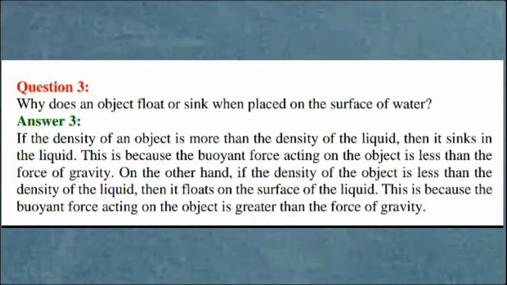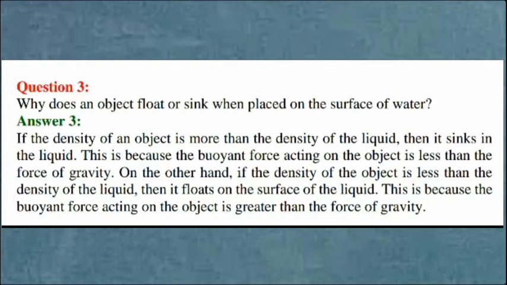Our first question related to Archimedes Principle: why does an object float or sink when placed on the surface of water? The answer is, if the density of an object is more than the density of the liquid, then it sinks in the liquid. This is because the buoyant force acting on the object is less than the force of gravity.